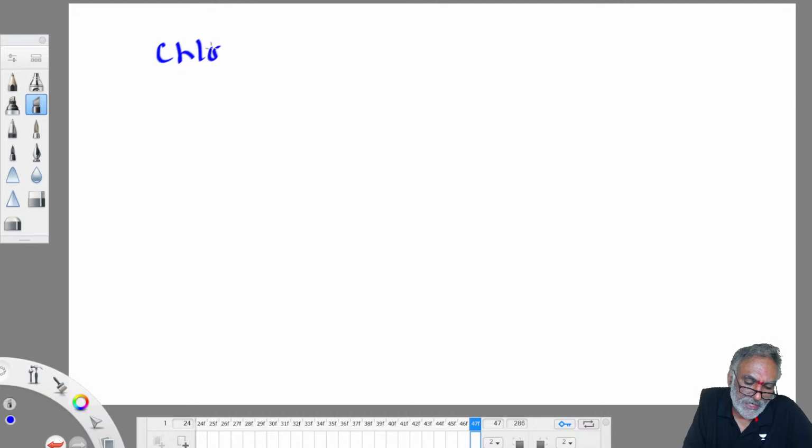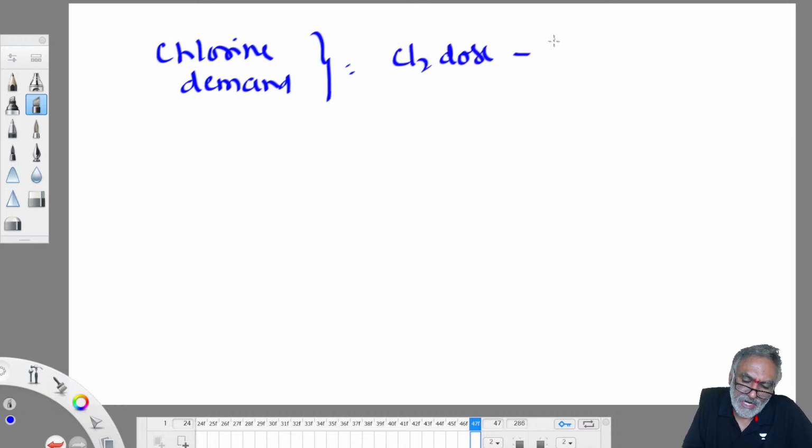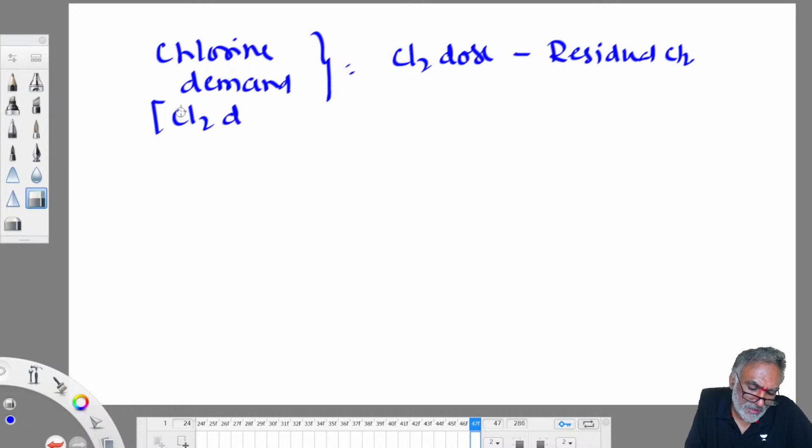The second kind of question is chlorine demand. So the chlorine demand of water is equal to the chlorine dose added to water minus the residual chlorine present in water. Cl2 demand, chlorine you can write as Cl2, no?